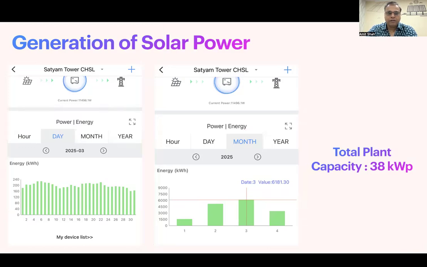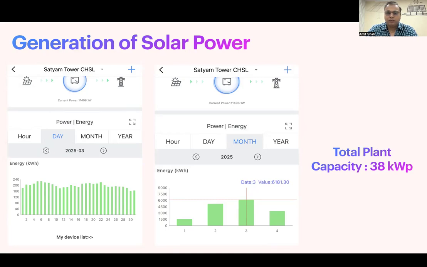If we look at the solar power plant we install, you can see the generation every day and every month. In this scenario, there is one more society, wherein I have shown the generation for the month of March 2025 in the left hand side image, and on the right hand side image you can see the total for the month of March.